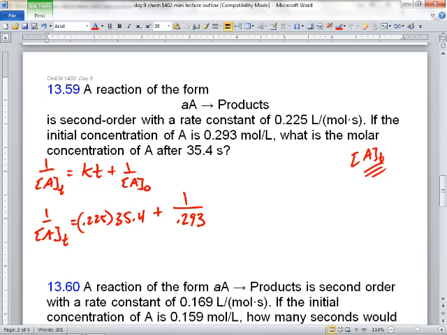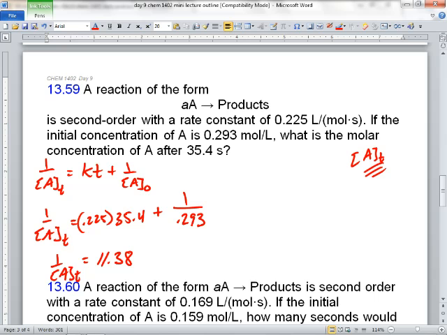Take the 0.293, 1 over x, right? Then 0.225 times 35.4. You can do it in multiple steps, or in one big step, and get 11.38. Regardless of how you do it, you should end up with 11.38.